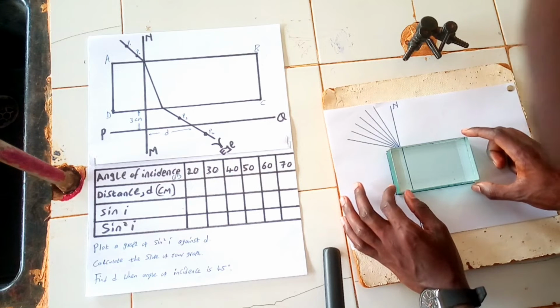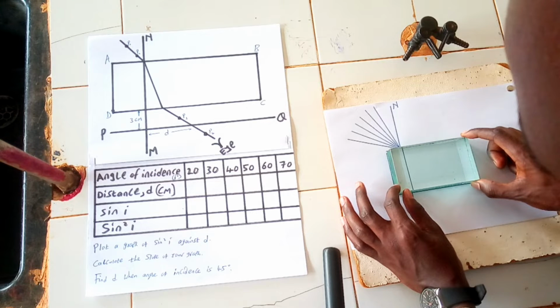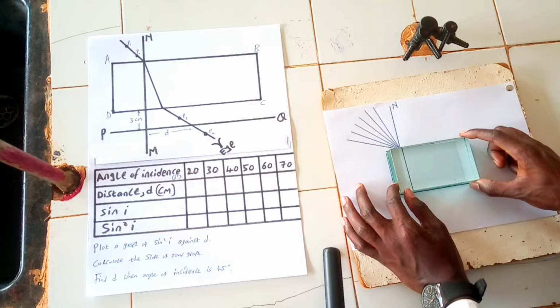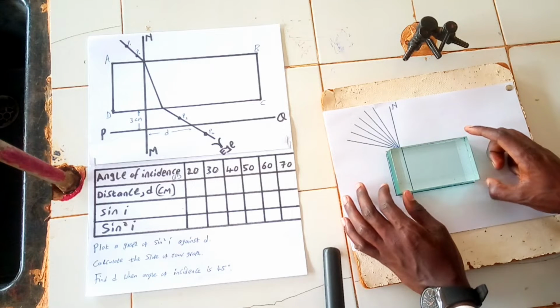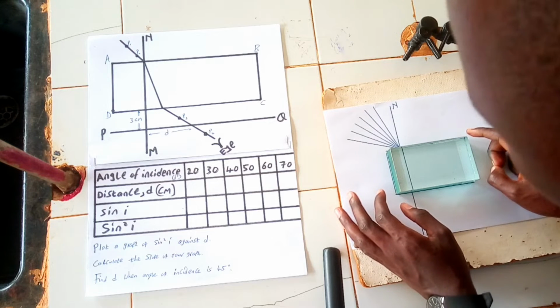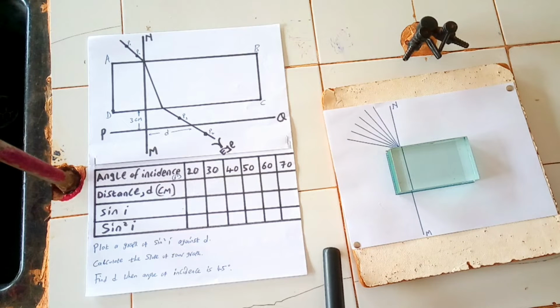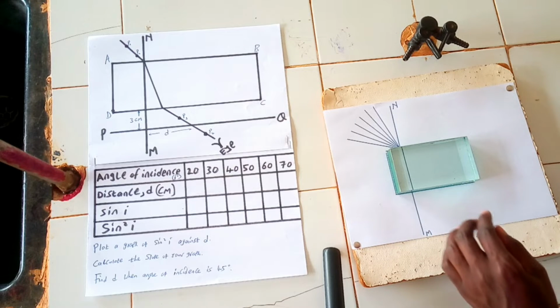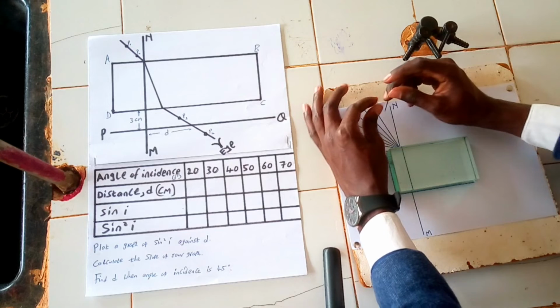You have to check all the sides. You have to confirm all the sides, viewers. So I replace back the glass block, and then what I do, let me start with the first angle 20.